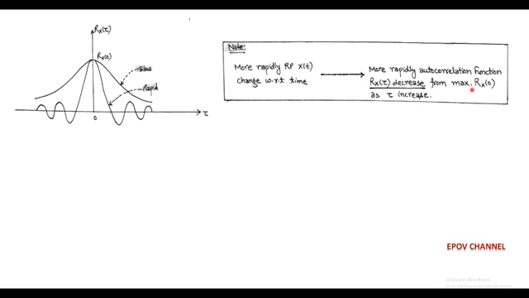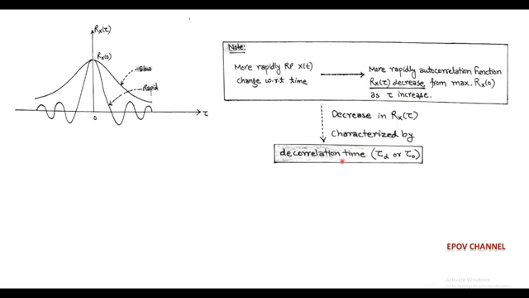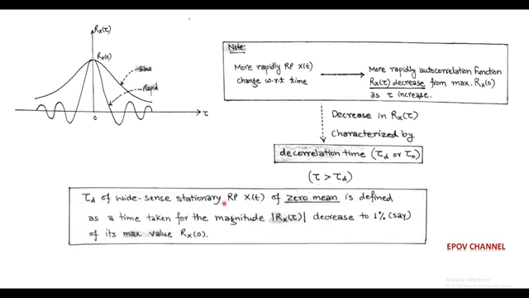This decrease in autocorrelation function is characterized by a time called decorrelation time, denoted by tau suffix d or tau suffix naught. Here the decorrelation time is greater than delay time tau. Also, as we know, in practice all random processes are considered as wide sense stationary random processes with zero mean.